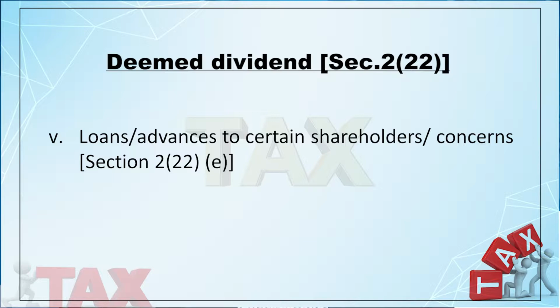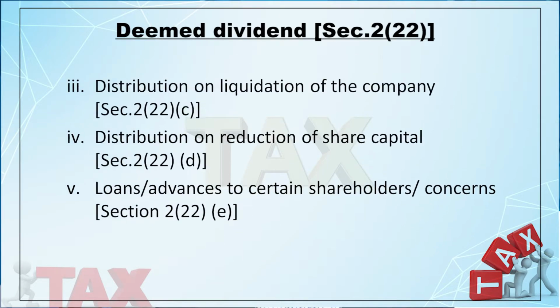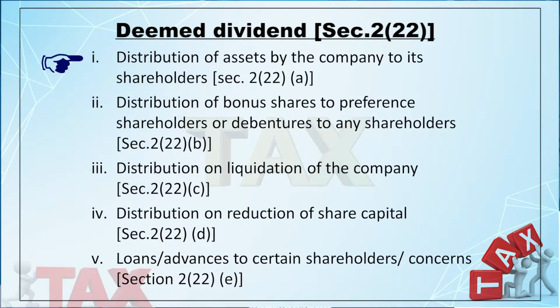But the last one, that is Section 22E, is not covered under Section 115O, that is, it is not subject to dividend distribution tax. All the above distributions, that is the distribution of assets, the distribution of bonus shares, the distribution on liquidation of the company, and the distribution on reduction of share capital, that is Section 22A to 22D, all will be treated as deemed dividend.